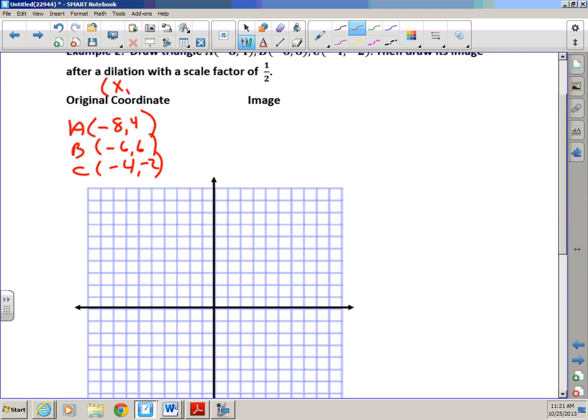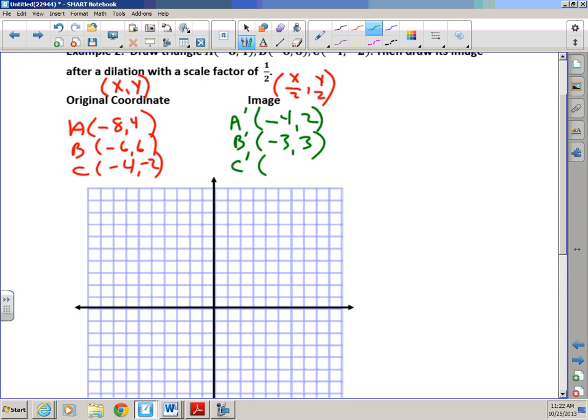So what am I going to do? I'm going to take x and y and multiply by 1/2, which is the same as dividing by 2. So what's A prime going to be? (-4, 2). B prime is (-3, 3). And C prime is (-2, 1).